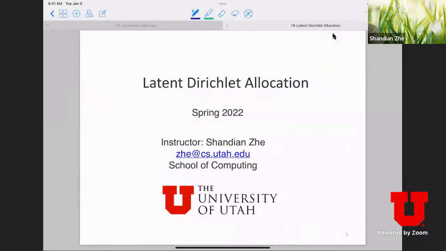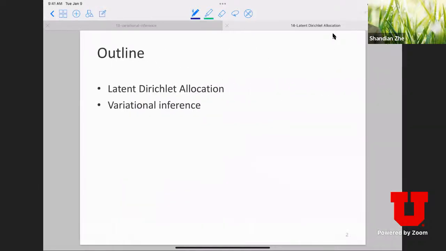So this model is called latent Dirichlet allocation, and sometimes it's referred to as topic models. It was proposed in 2003, and then it became a very, very hot topic. The latent Dirichlet allocation paper has gained over 40K citations. So maybe 10 or 15 years ago, it was the hottest topic in machine learning.